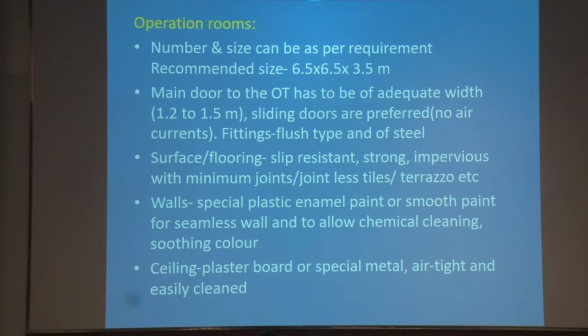And color should be soothing to the eye. The ceiling can be made with plasterboard or special metal, and it should be airtight, and it also needs to be cleaned with chemicals, so it should be cleanable.